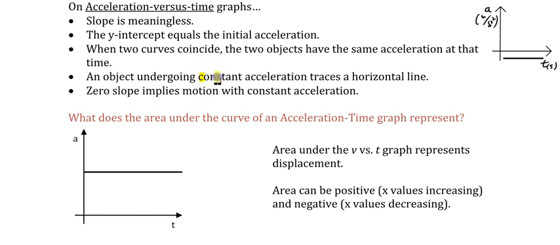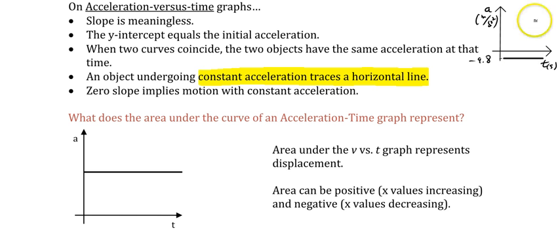So all of our problems that involve constant uniform acceleration will be horizontal lines. If we're dealing with free fall, then the acceleration here will have a value of negative 9.8 meters per second squared. So these horizontal lines mean that we have a constant acceleration.